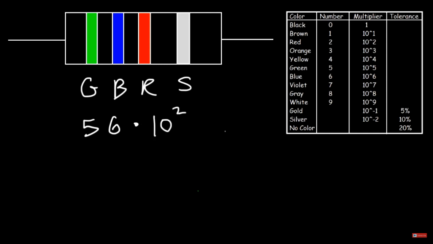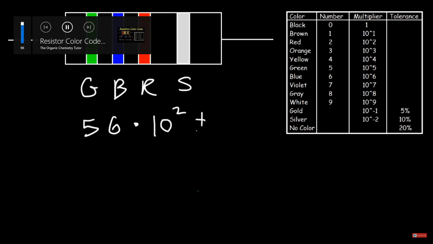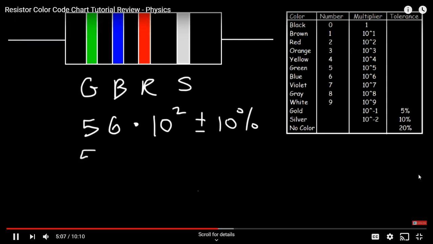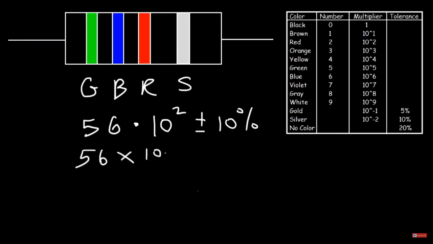And then the last color is associated with the tolerance. For silver, the tolerance is 10%. So it's going to be plus or minus 10%. 10 squared, or 10 times 10, is 100. So 56 times 100 is 5600.